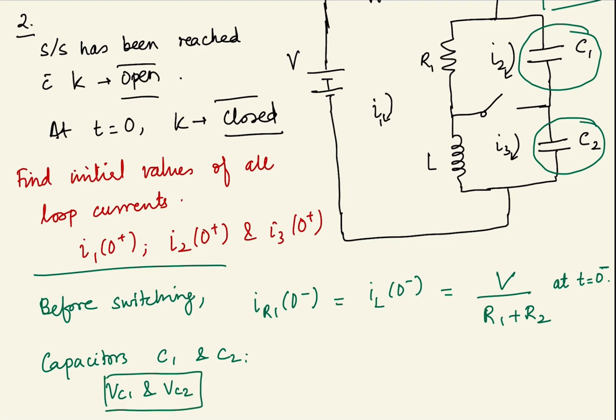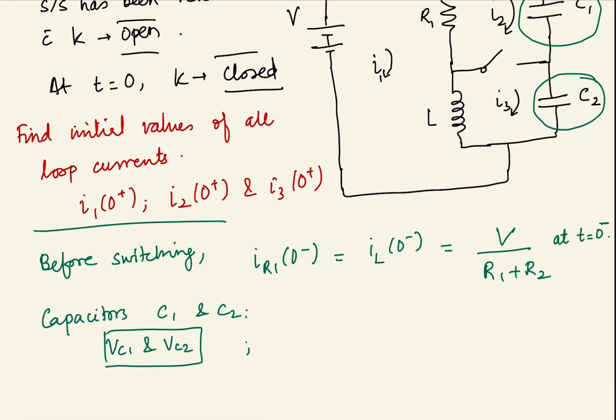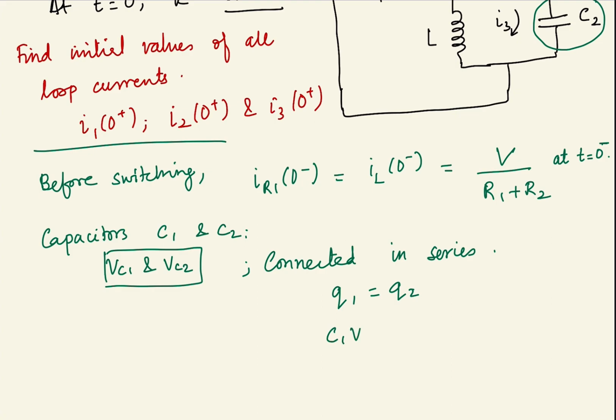Since they are connected in series, what can we say about the current and the charge? We can say that the same current or the same charge flows, so Q1 is equal to Q2, and then C1 V1 is equal to C2 V2, right?